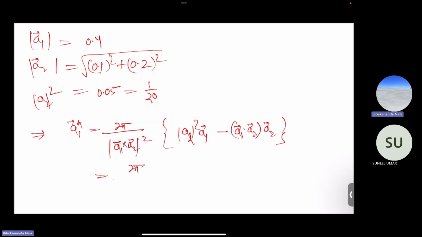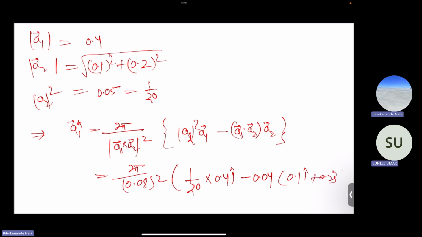So it will be 2 pi divided by 0.08 square, then 1 by 20 into 0.4 I cap minus 0.04, since A1 dot A2 is 0.4 into 0.1, which is 0.04, into 0.1 I cap plus 0.2 J cap. If you calculate it, it will give you 5 pi by 2, 2 I cap minus J cap.